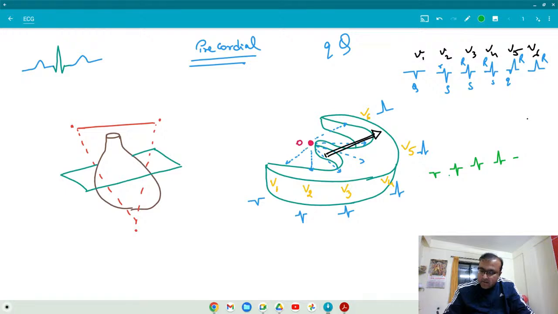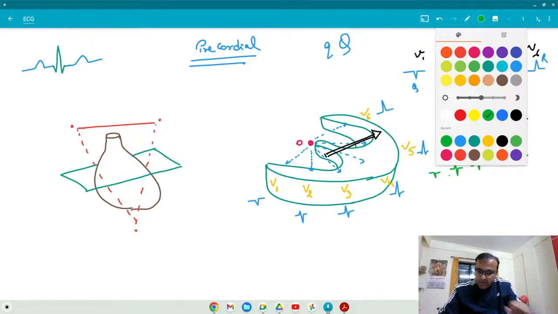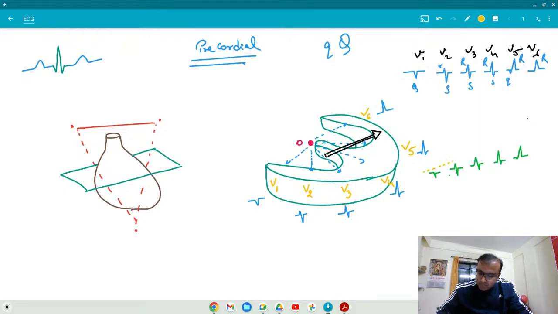Okay, and then it became like this. So if you draw a line, do you see it is an escalating line? The line is moving upward.